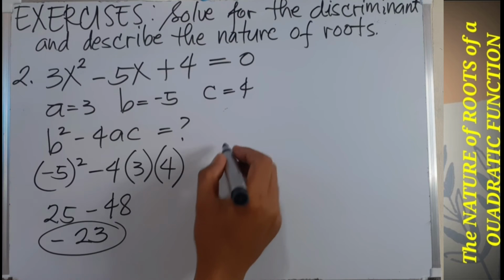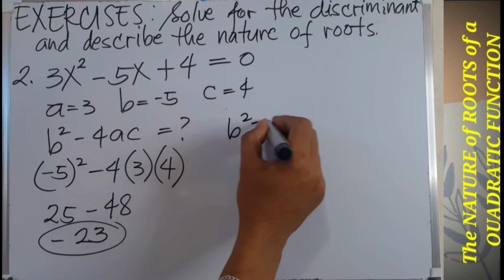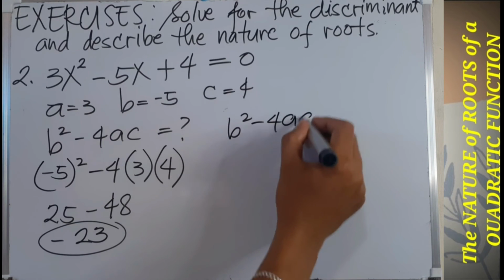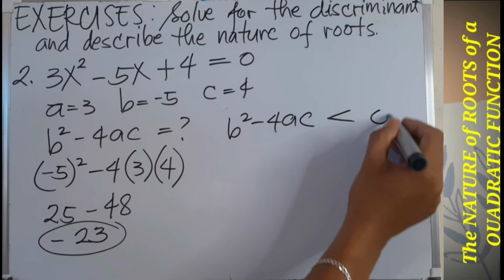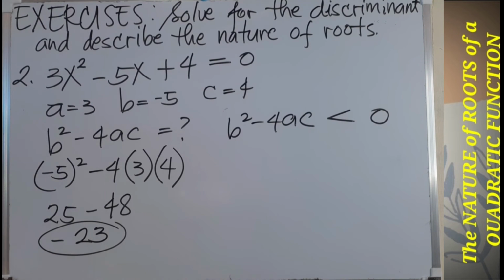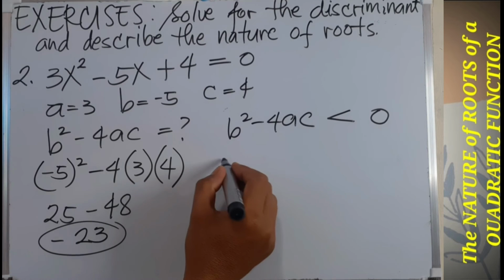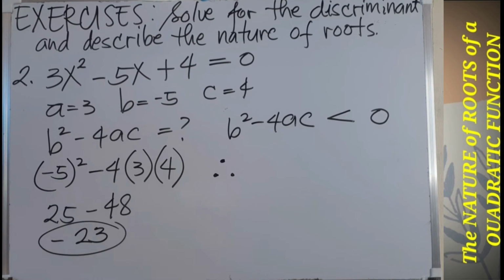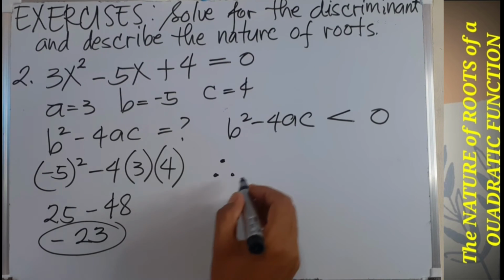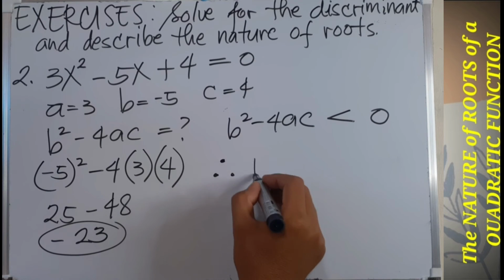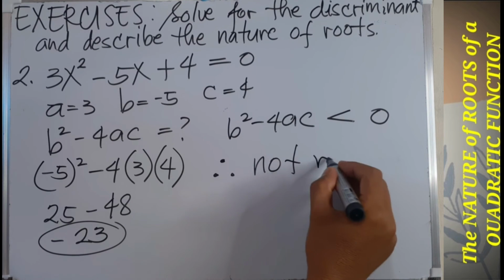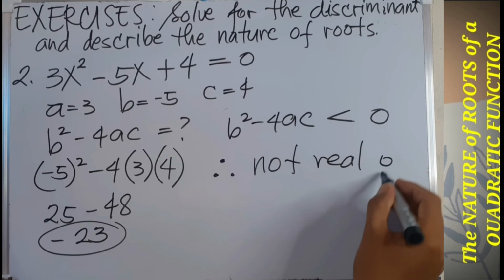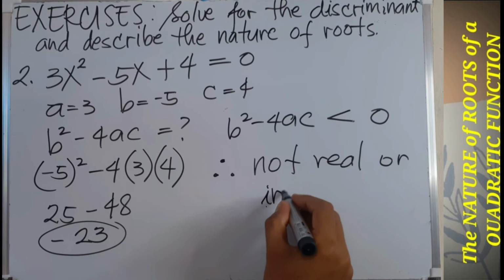Therefore, we can say that b squared minus 4ac is less than 0, just because 23 is negative.